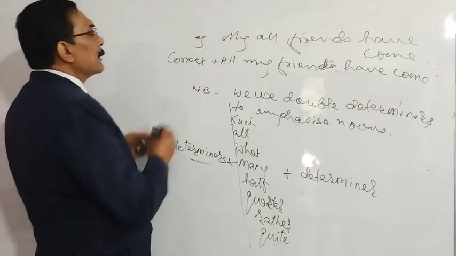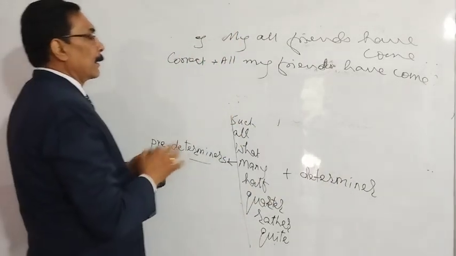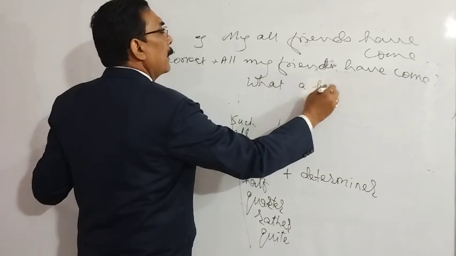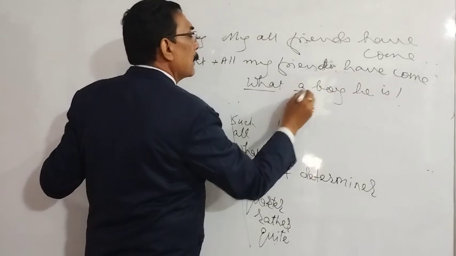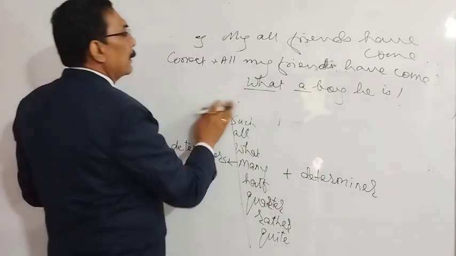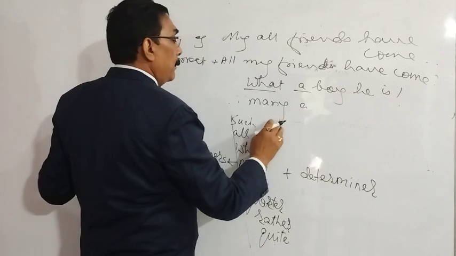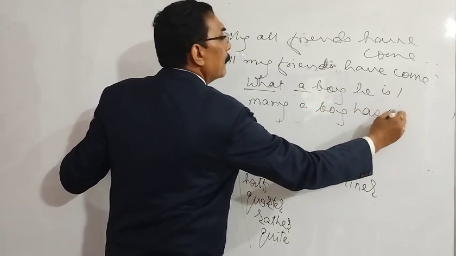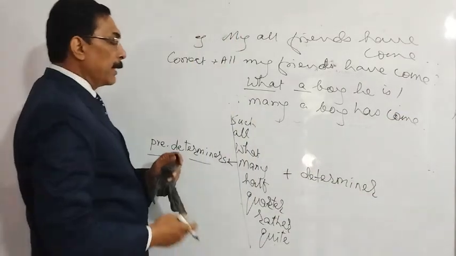In this way, there are many such expressions, like "What a boy he is." Here it's double determiners. "Many a boy has come." "It's quite a long time."